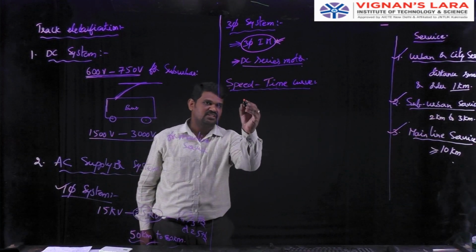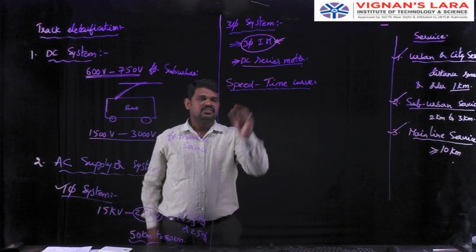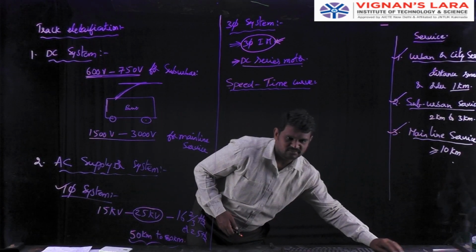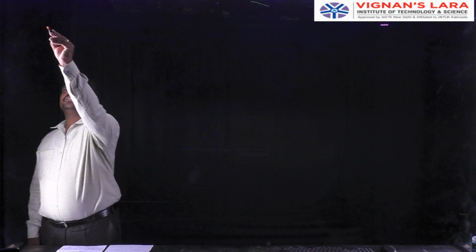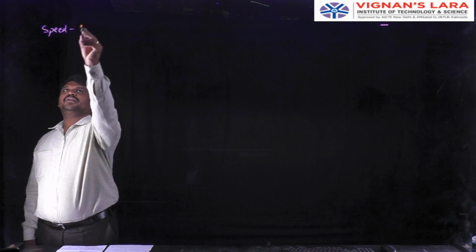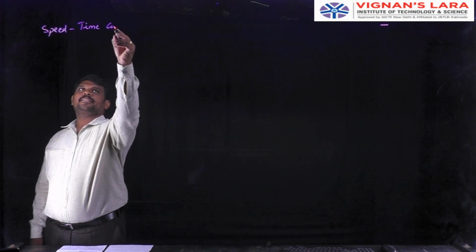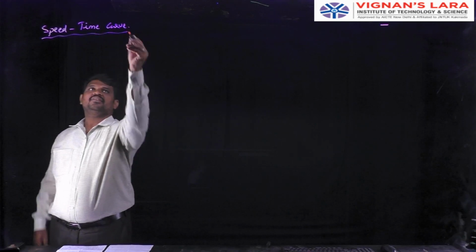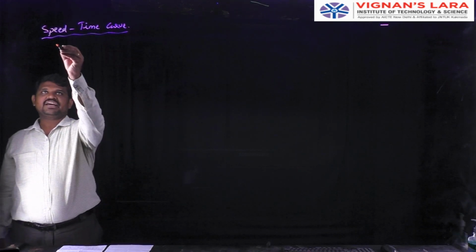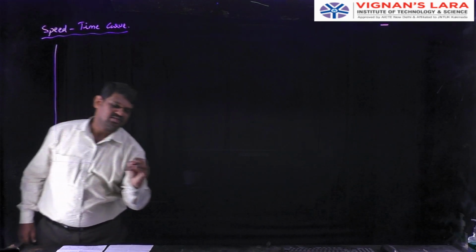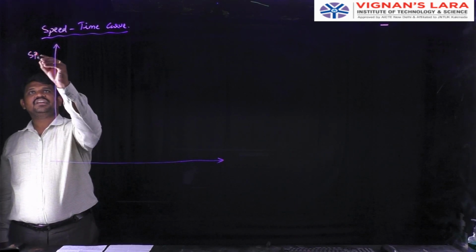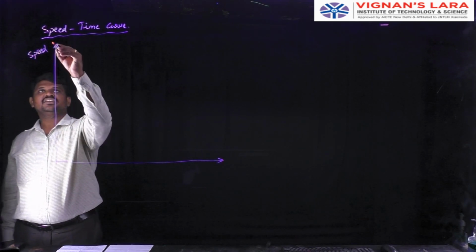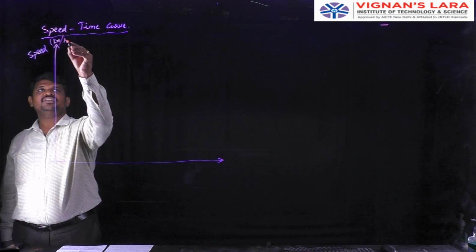On the y-axis, we indicate the speed, velocity in terms of kilometer per hour.